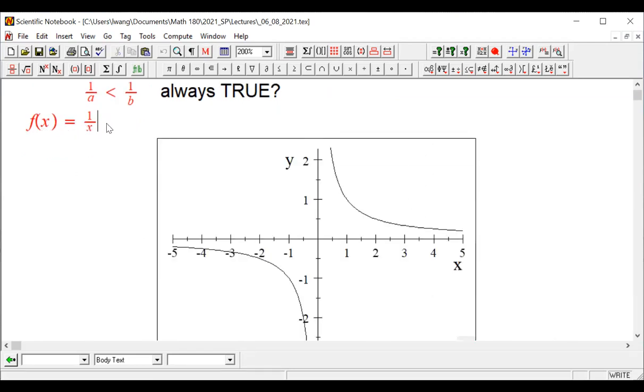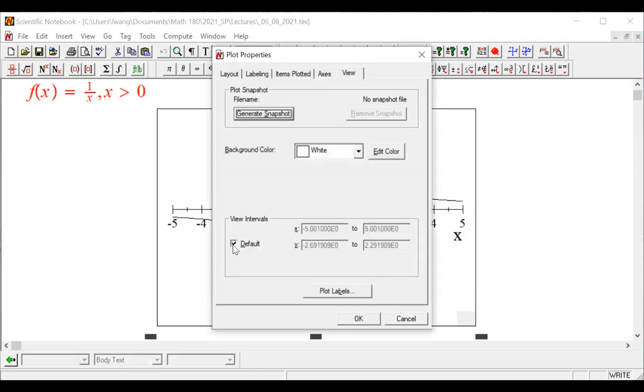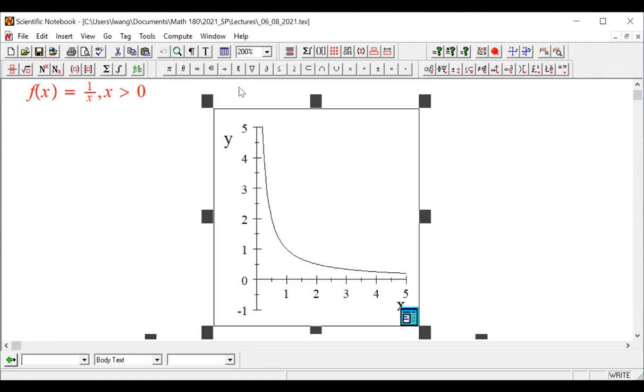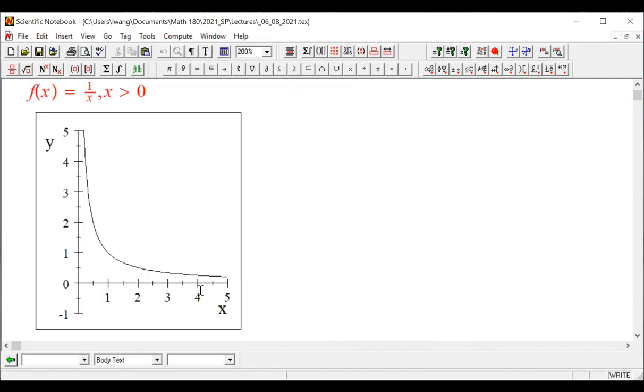If we look at x larger than 0, because we're studying when a is larger than 0, b is larger than 0, a is larger than b, we have a reason to only look at one piece of this curve, say 1 to 5, just for example. So we only study this piece.